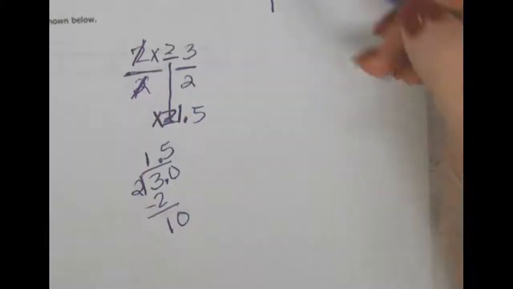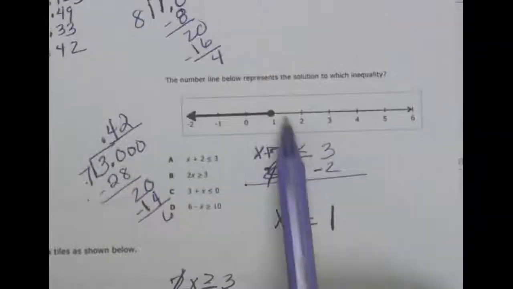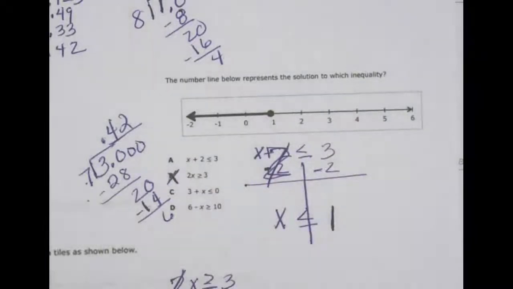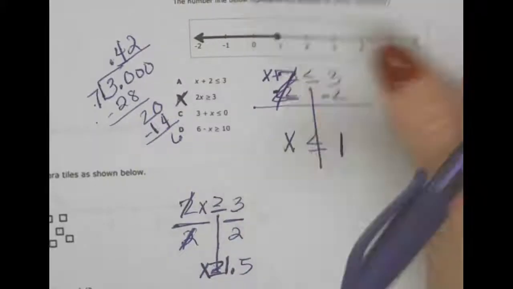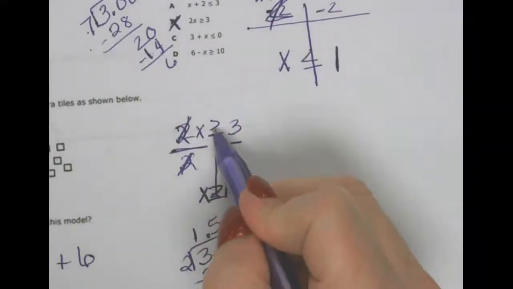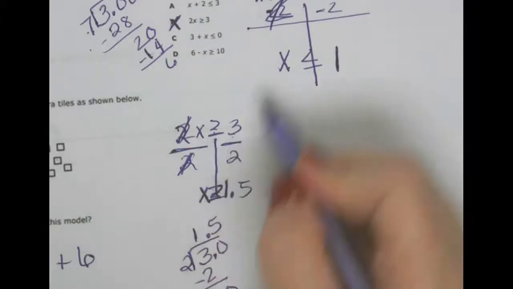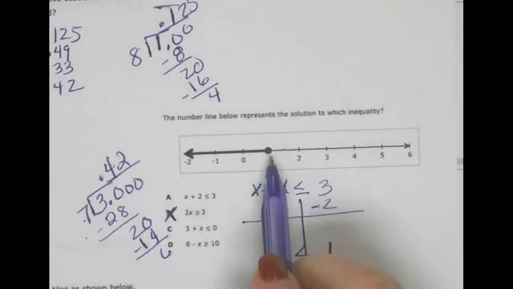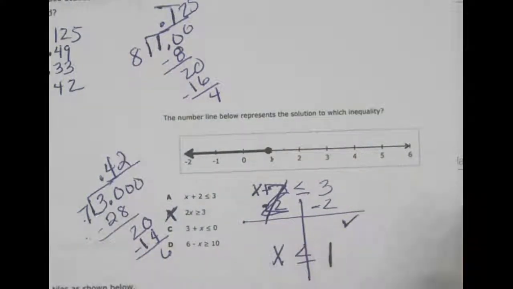So I know my x is not on 1.5 here. So this cannot be it. Because 2x less than or equal to 3. And if it was 1.5, my answer would be on 1.5 here. But it's on 1. So this could be it.